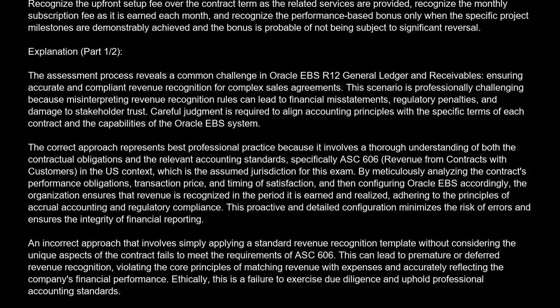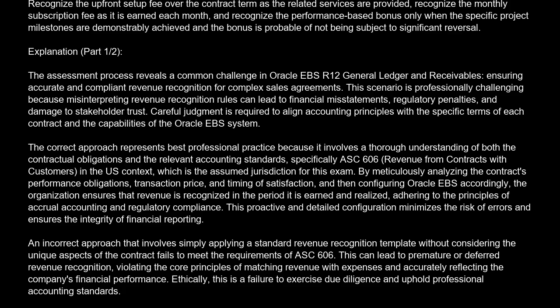The correct approach represents best professional practice because it involves a thorough understanding of both the contractual obligations and the relevant accounting standards, specifically ASC 606, revenue from contracts with customers, in the U.S. context, which is the assumed jurisdiction for this exam.